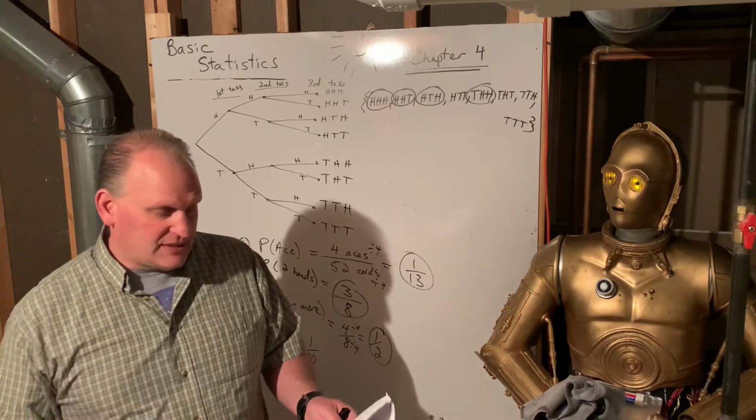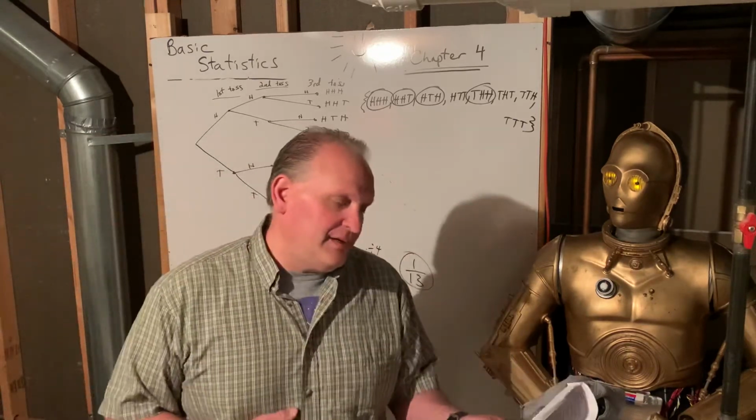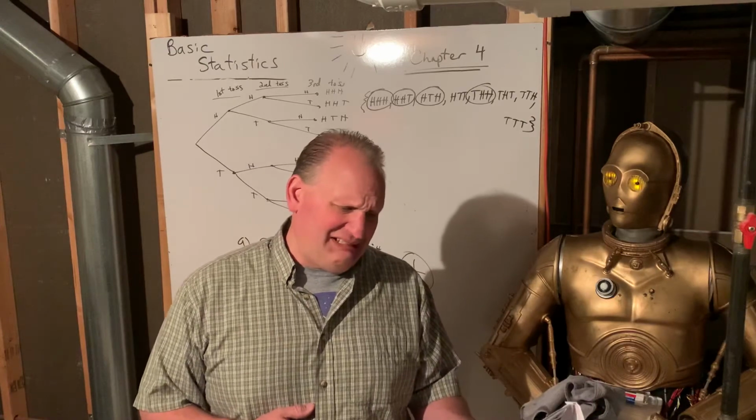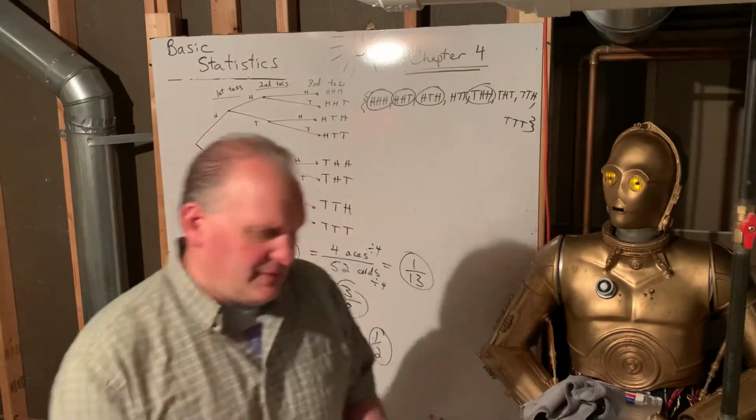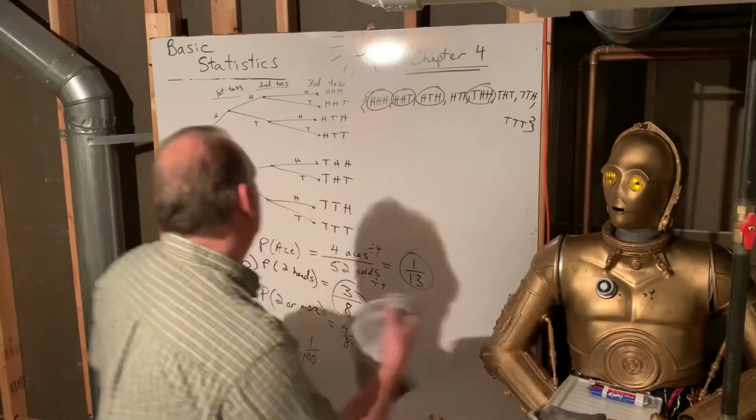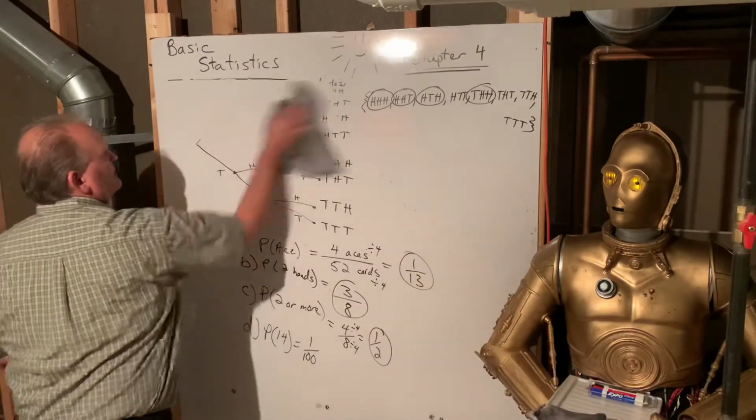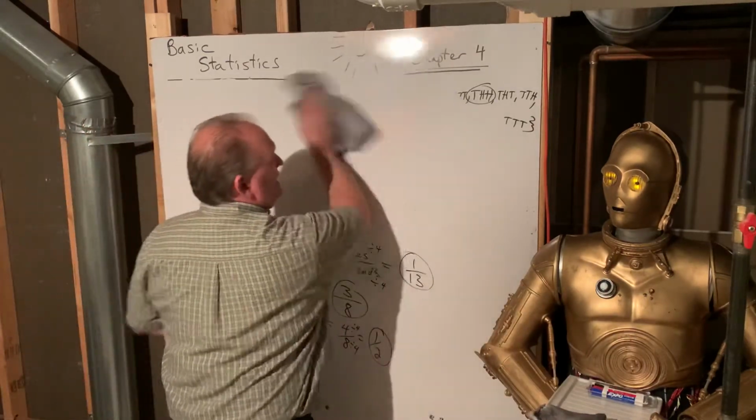Wait, I skipped the first example. Let's look at the first example. If the probability of dying from cancer is 8%, what's the probability of dying of something else? So let's take a look at that.